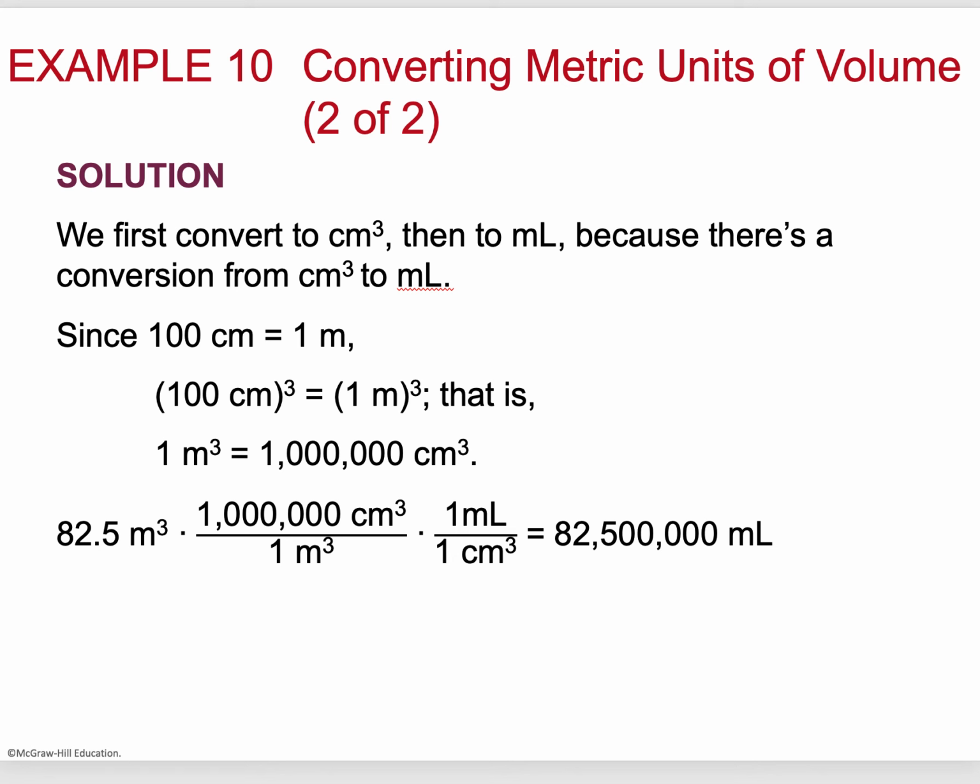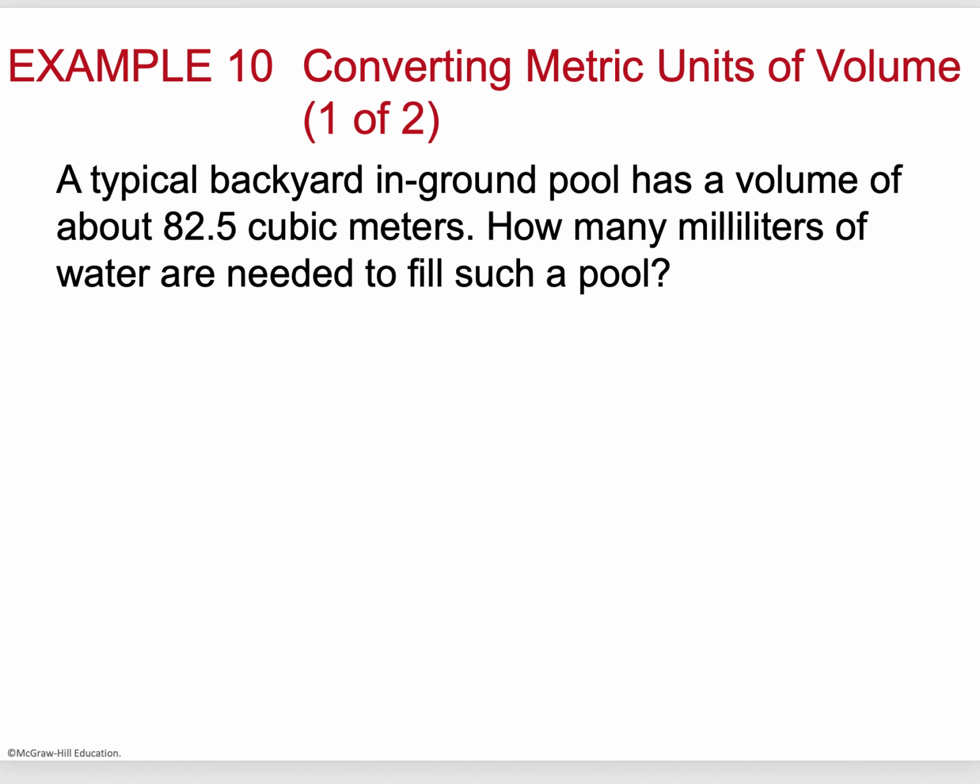So I'm going to go from cubic meters into cubic centimeters, and I need meters cubed in the denominator. That's how I know how to do my conversion factor. And then I'm going to go from cubic centimeters to milliliters using the conversion factor on the previous slides. And so then I'm just going to complete the multiplication of 82.5 times that value for cubic centimeters. And that's going to arrive at that answer.